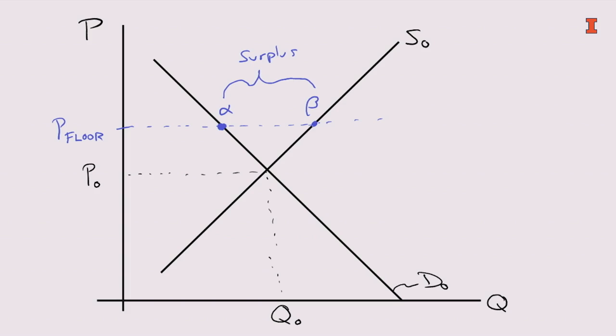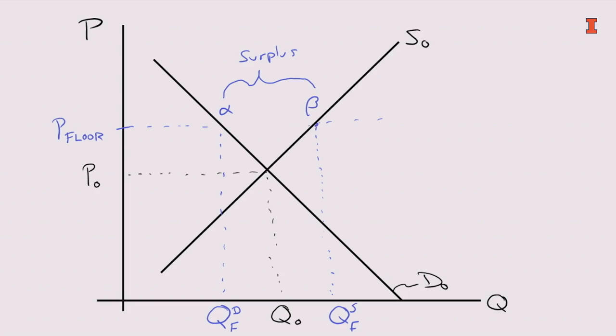When you have a price floor, at that floor price consumers only want to buy this quantity, the quantity demanded at the floor price, but firms produce this much actual milk, the quantity supplied at the floor price. And what that means is that this difference, this surplus, has to be purchased by the government.